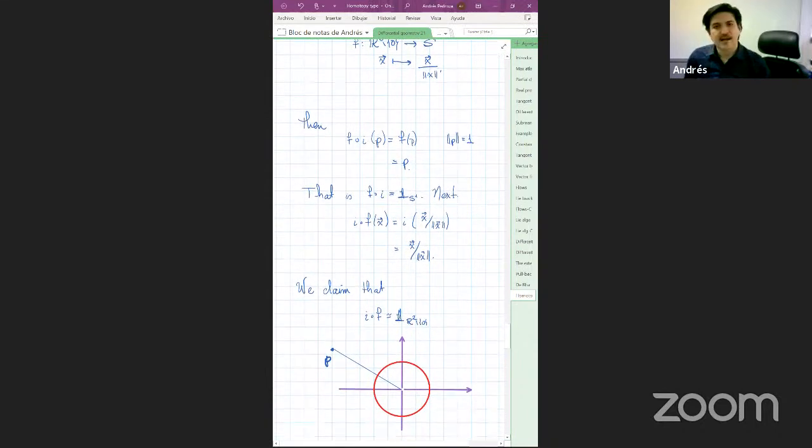Let's just do a picture of what we're doing. I have a point, and then in the same way, it is mapped here. Okay, and the function that does that, I want to show that it is homotopic to the identity function on the punctured plane.